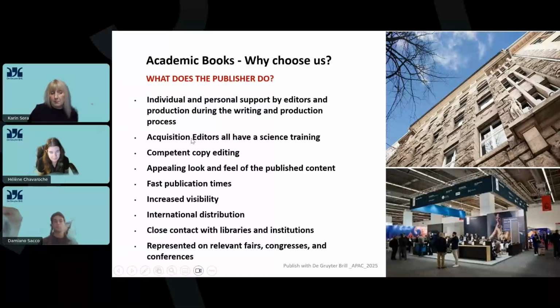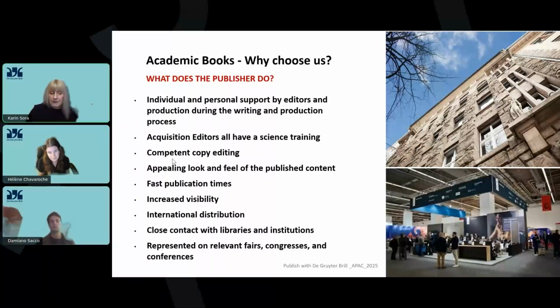We offer competent copy editing. Our books have a really appealing look and feel. We have fast publication times, and this really differs us from all the other publishers out there. So if we have a complete manuscript, within 5 months, you have your published book on the table.